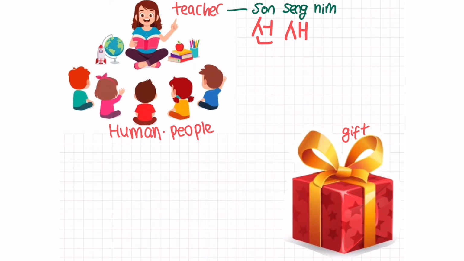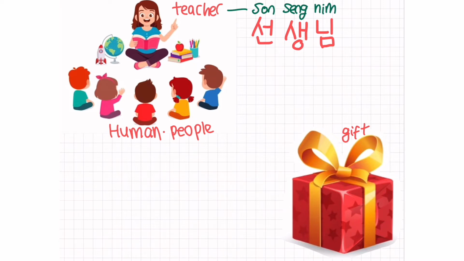So this now reads 세, right? But then I want to say 생. So what I'm going to do is put the silent 이응 underneath. 선생님, 는, 이, 선생님.